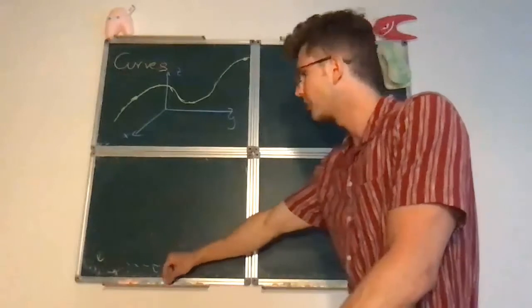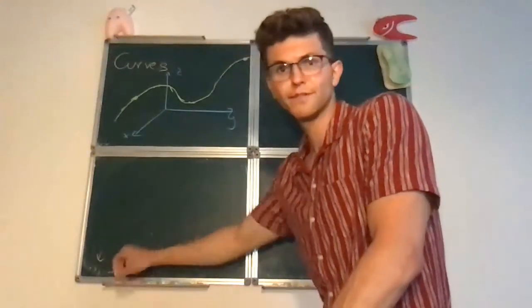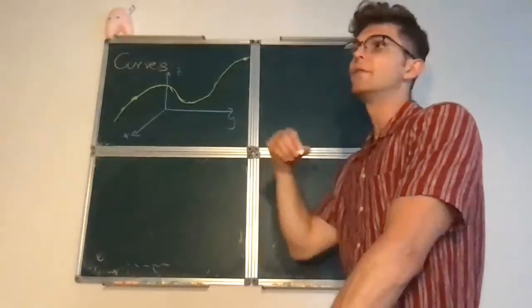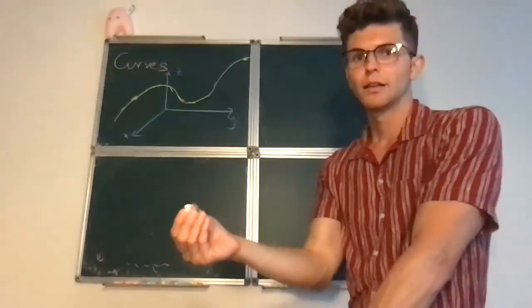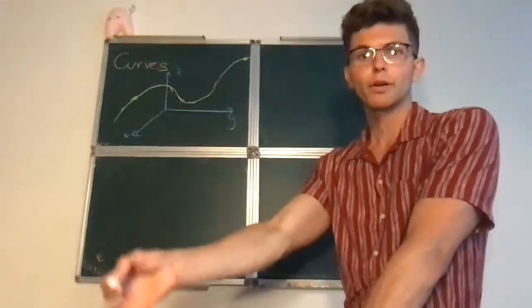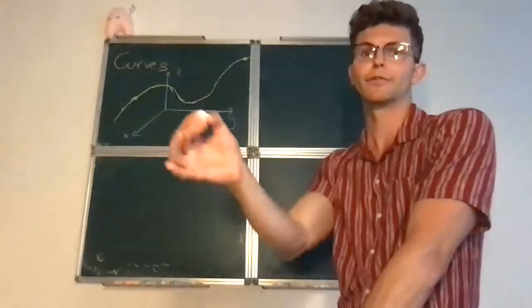What that means in practice is that you can specify any point on the curve: if you give me a value for t, that pins down the particle, because the particle has to be somewhere when you give me some value of time.